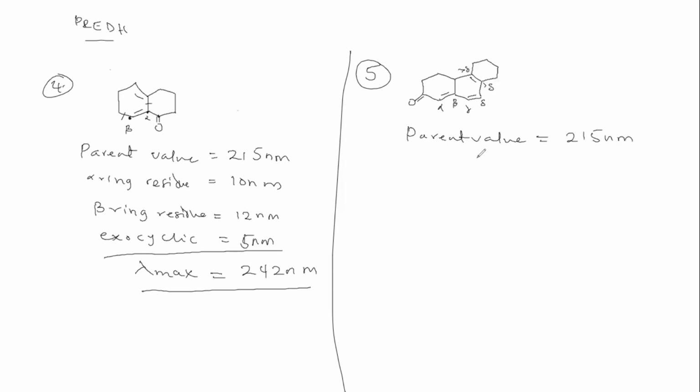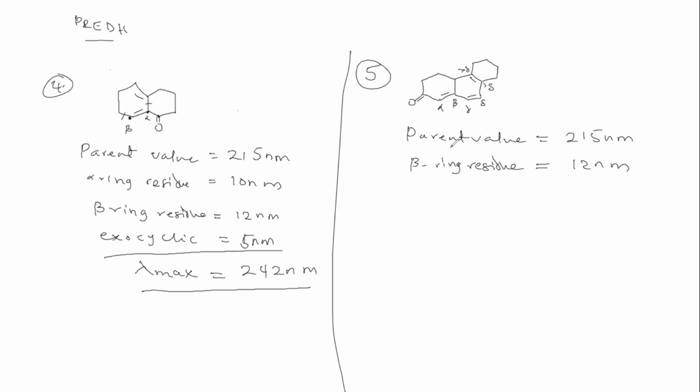Okay. So at the alpha, there's no ring residue. At beta, we have this one. So we have the beta ring residue, and so it's going to be adding 12 nanometers.